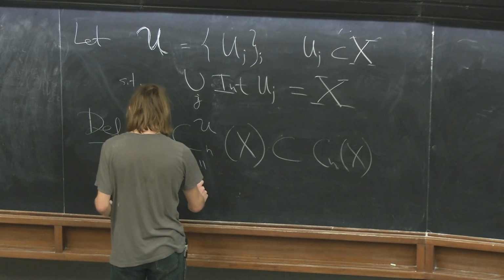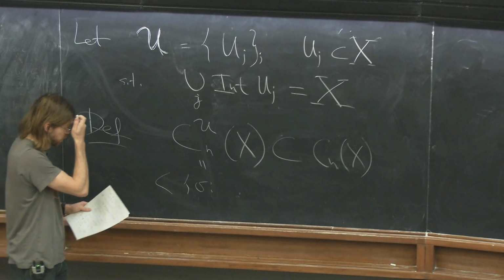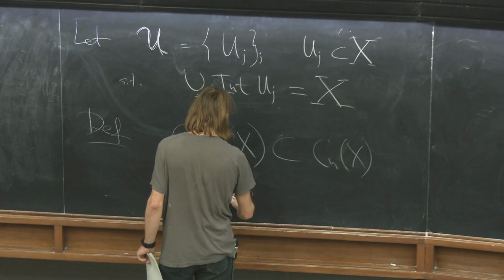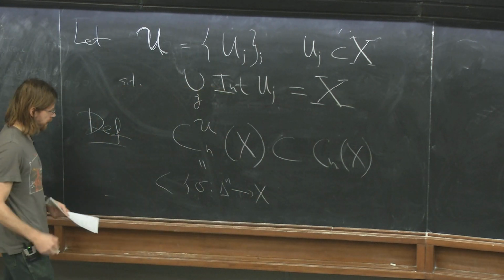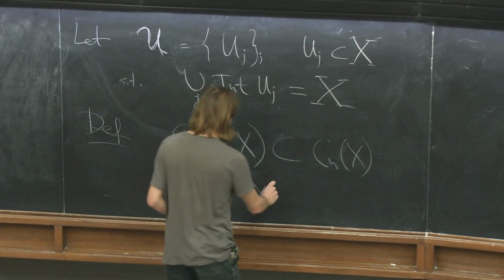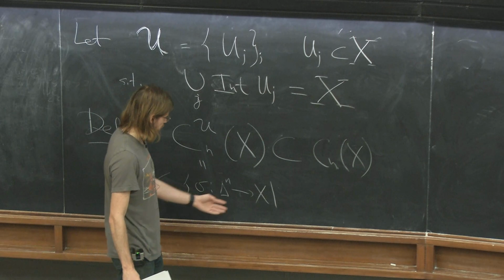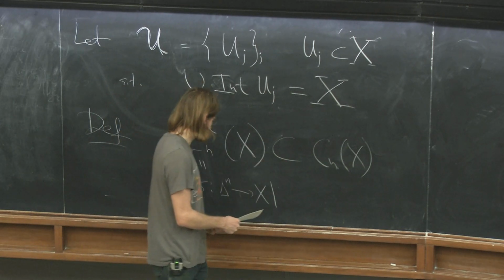It's a free abelian group generated by singular simplices, namely maps from the n-simplex to X, which satisfy an additional condition. Arbitrary maps like this generate Cn of X by definition.